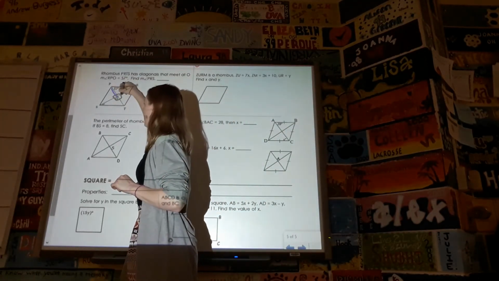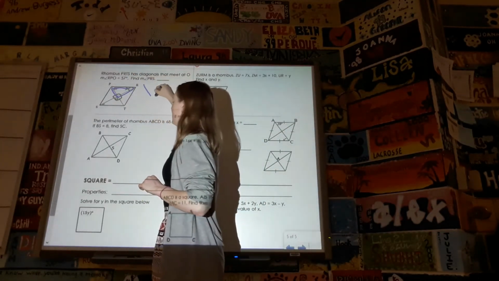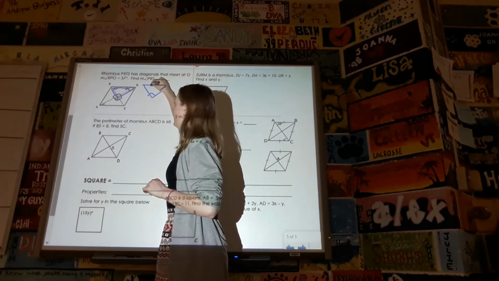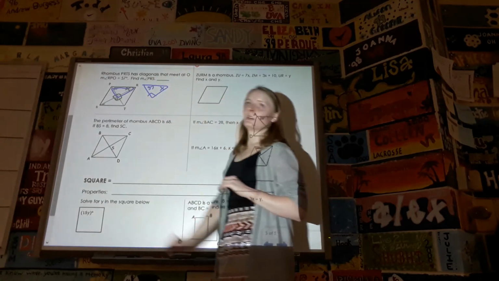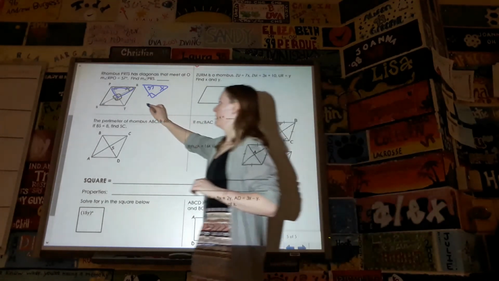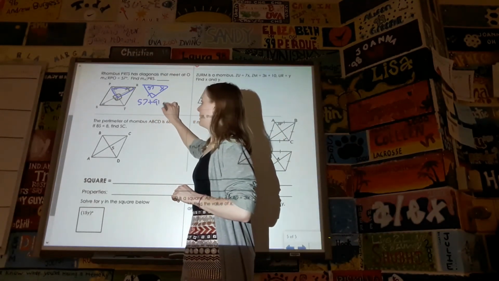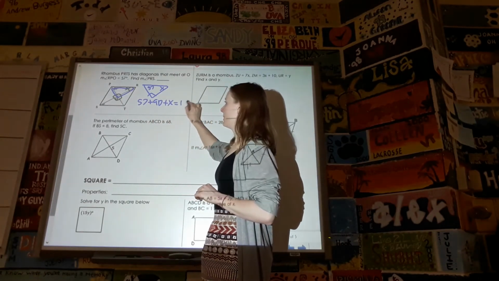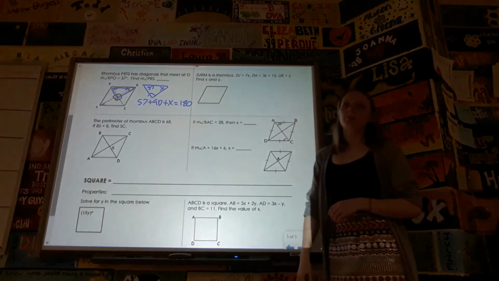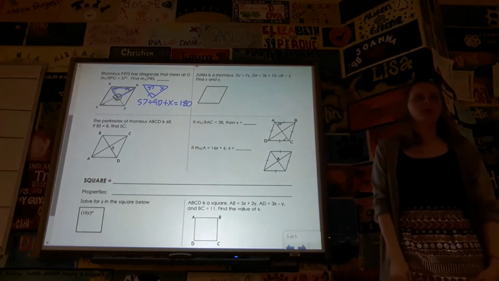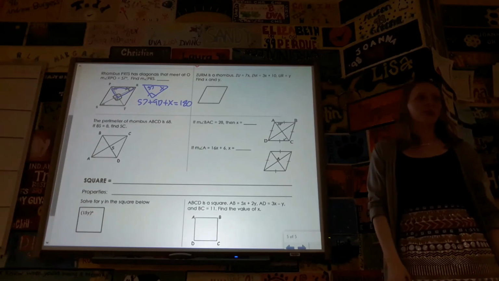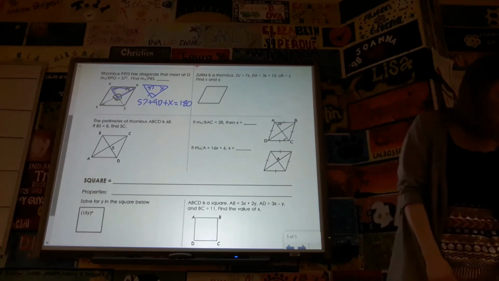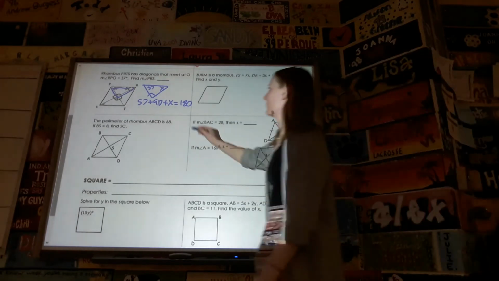P-O-R. This one has a 90, a 57, and an X. So you just do 57 plus 90, that's 147, and X equals 33. Another triangle sum theorem. Again, triangles. So that goes up here.